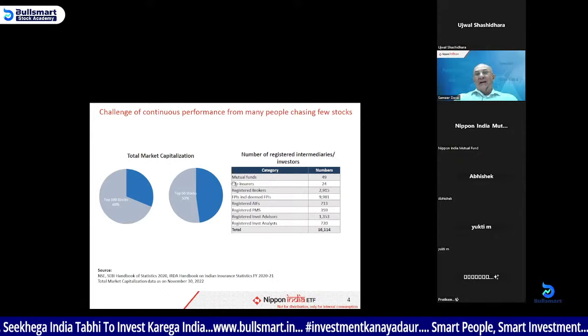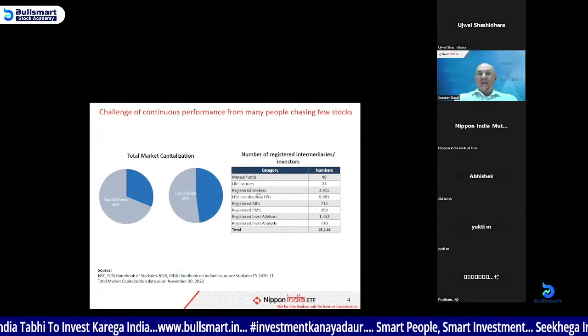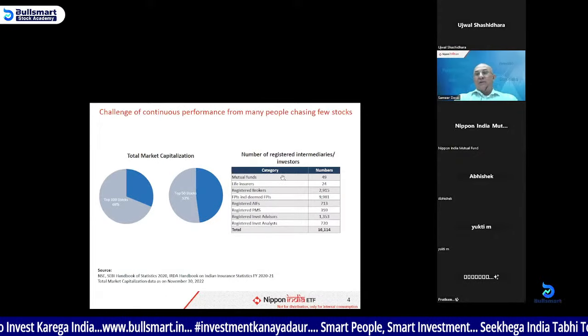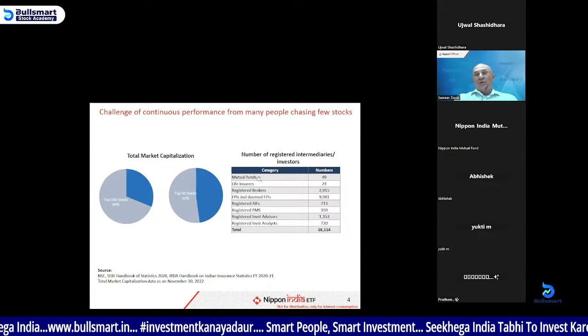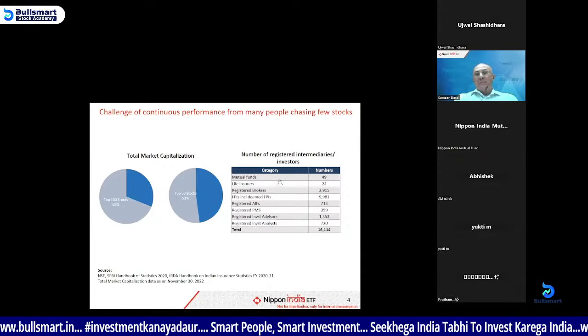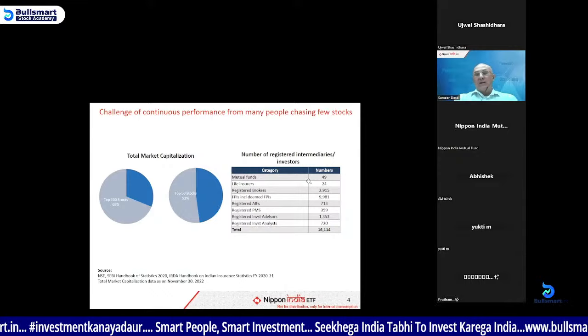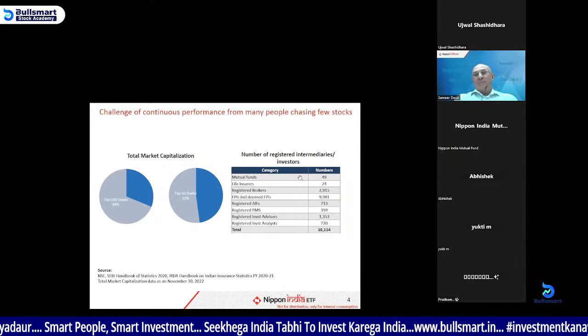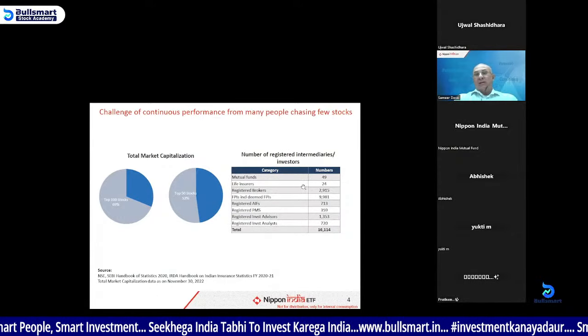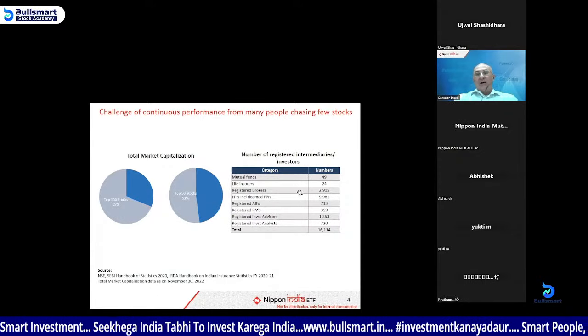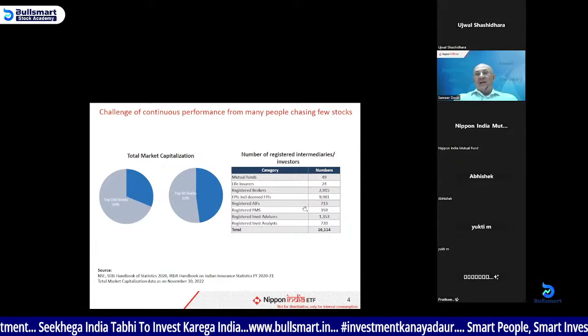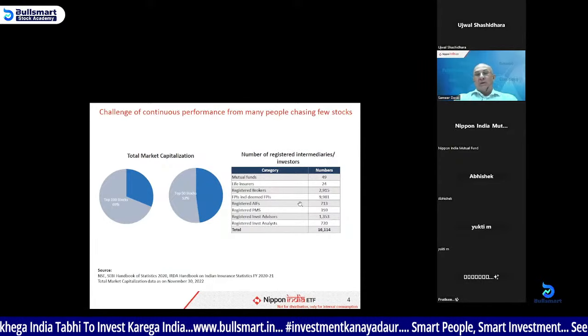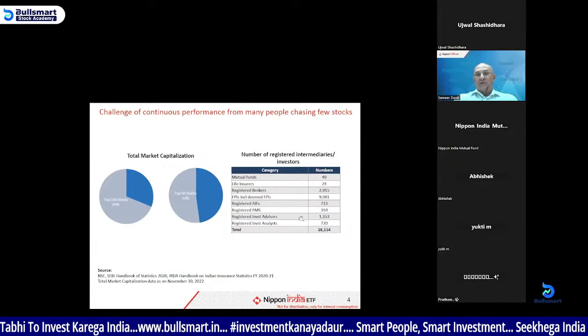First of all, the alpha space in India, like the developed markets, is very crowded. This is a table which tells you the number of registered entities in India which are into the business of alpha generation. So all your asset management companies, then your life insurance companies, FPIs, AIFs, that is, PMS schemes, portfolio management services.